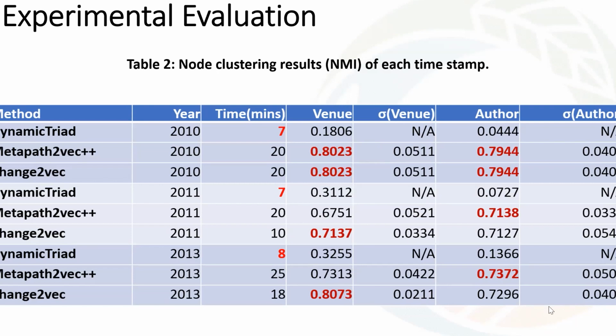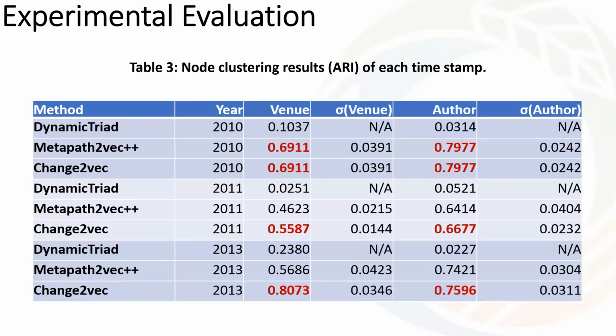So that's the trade-off for efficiency. We also used another evaluation metric called ARI, Adjusted Rand Index, to evaluate the results, just to show that different metrics confirm the results. So we've obtained very similar experiment results.